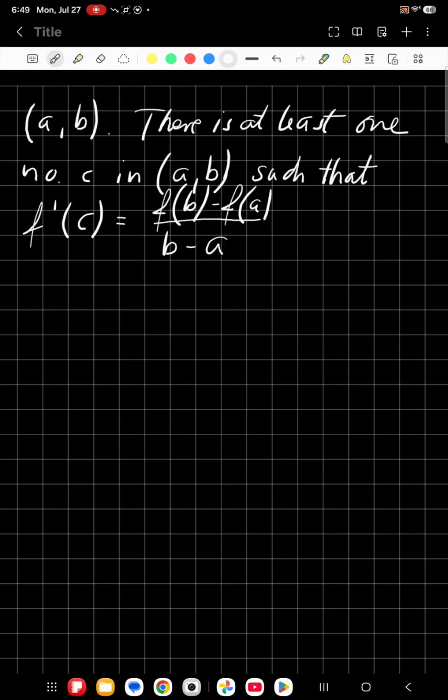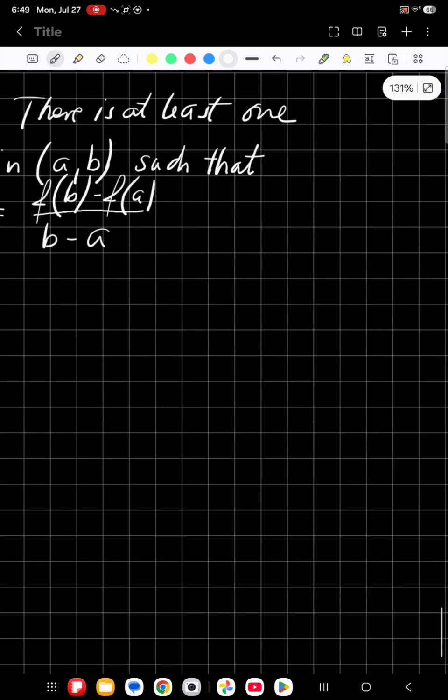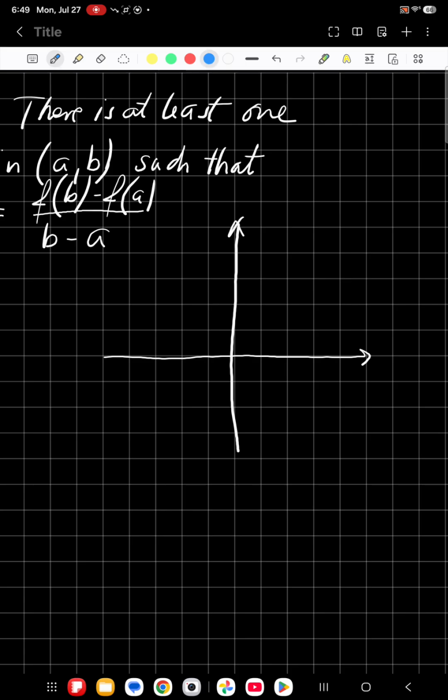And then I'll write a little simplified version of this theorem. But basically, if you have some curve, some function, something like this, and this is point A, this is point B. What's the easiest way to fix this?